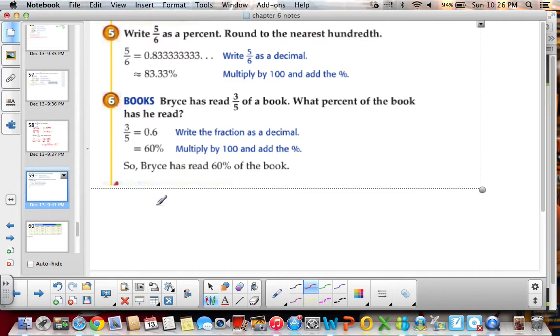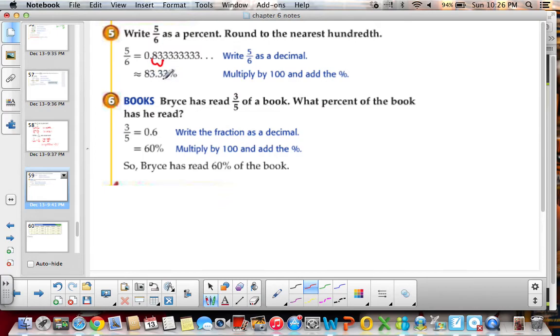Okay, and then just really fast, I just wanted you to look at a couple more. So if we wrote 5/6 as a percent, we would take 5 divided by 6, and we would get 0.83333 repeating. So then because we took the fraction and we made it into a decimal, then we need to take our decimal and go over 2 in order to make it a percent.